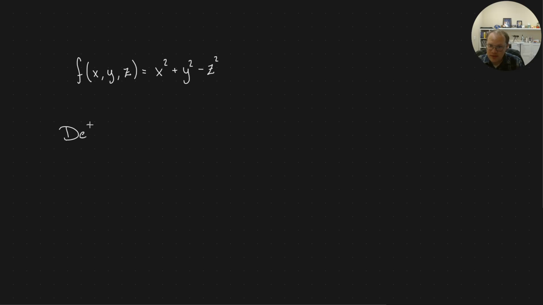Specifically, if we set the function value equal to a constant, we get a level surface, not a level curve, because we'll still have three variables, right? We're just setting one of the four variables equal to a constant. That will leave us with something with three variables.